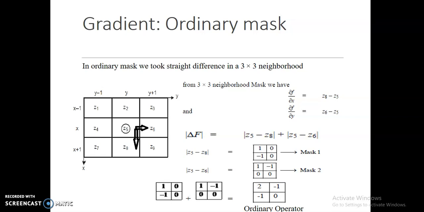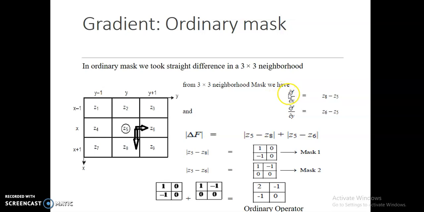Next, the first one is the ordinary mask. The main advantage of this method is that we can see the effect of each mask separately. We use a 3x3 neighborhood, as you can see over here. We take the straight difference with the center pixel, Z5.